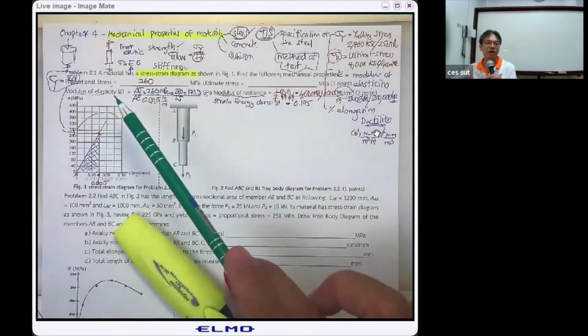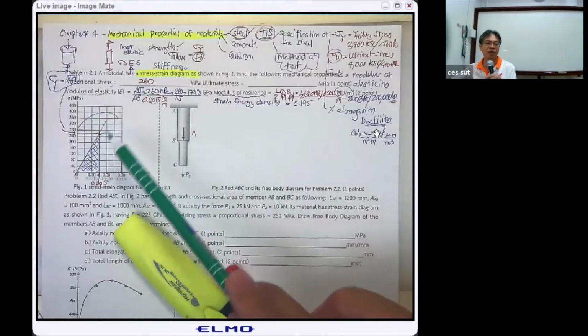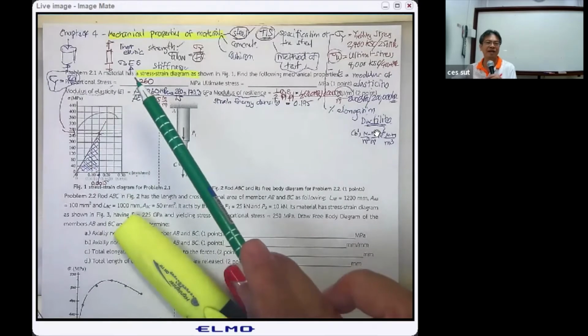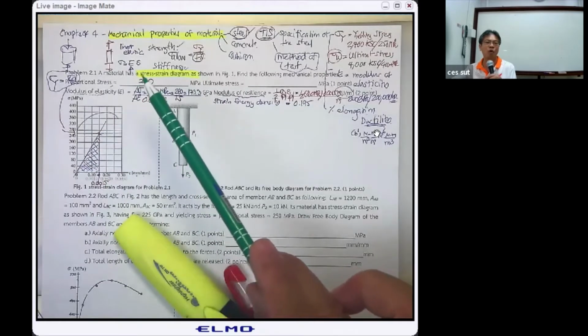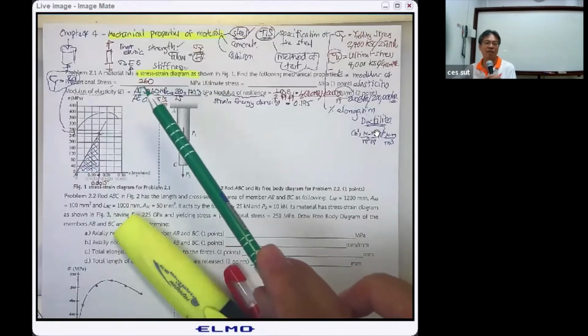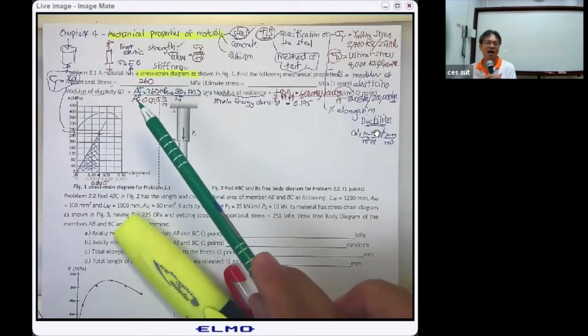And then we come to the modulus of elasticity. We have to find the slope, since the modulus of elasticity comes in the linear elastic region by Hooke's law. So E is going to be the proportional stress divided by the strain.